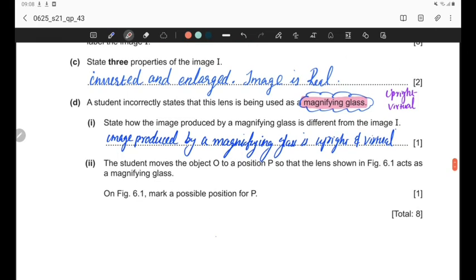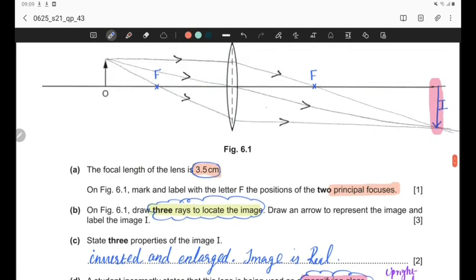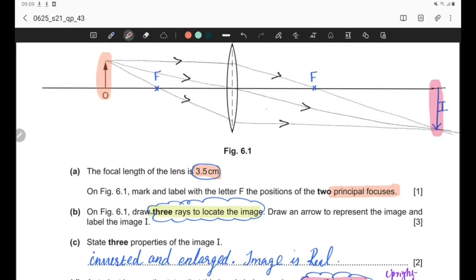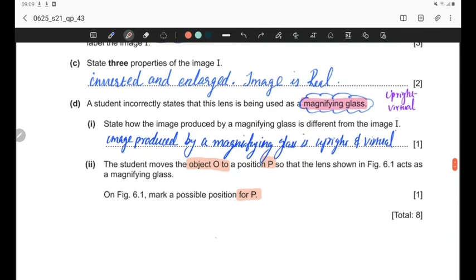Part 2, the student moves the object O to a position P so that the lens shown in figure 6.1 acts as a magnifying glass. On figure 6.1, mark a possible position for P. So here the student should change the position of the object from here to some other position in order to get an image which has all the properties similar to the image we are getting from a magnifying glass.